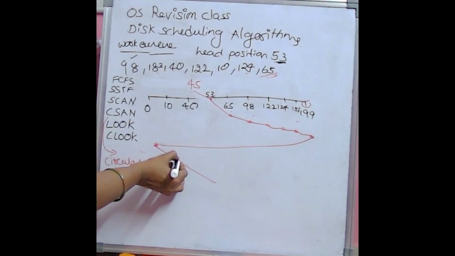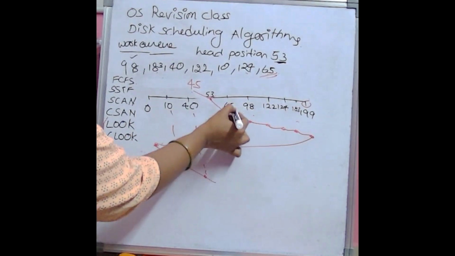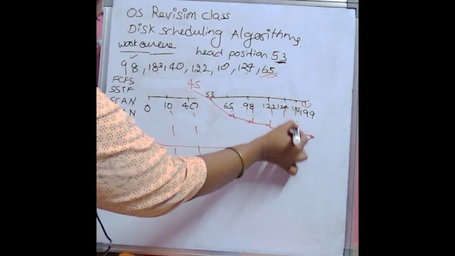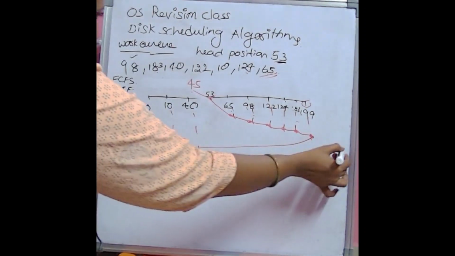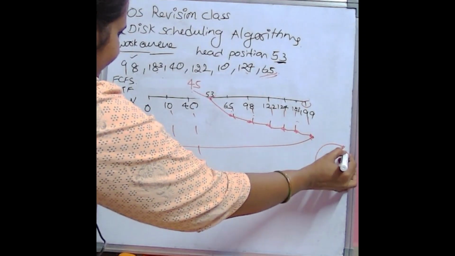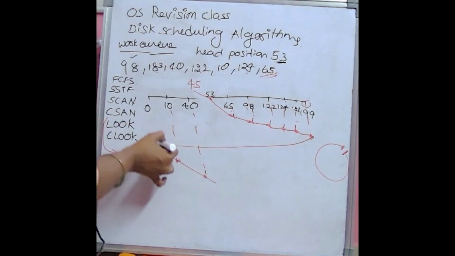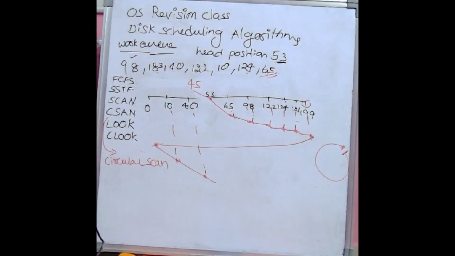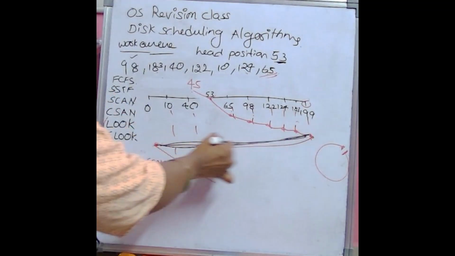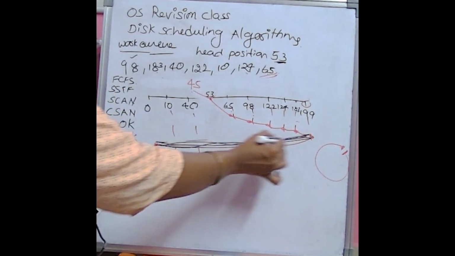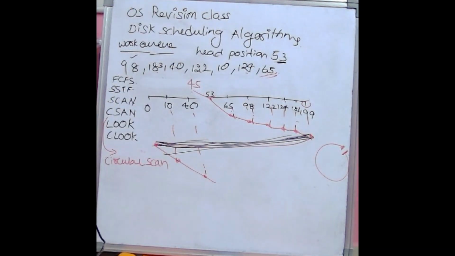So the next request is 10, then 40. It will move from 199 to 0. It is in circular manner: after 199 it will come to 0 and continue with the remaining direction. While calculating the number of cylinders the head traveled, no need to consider this jump.